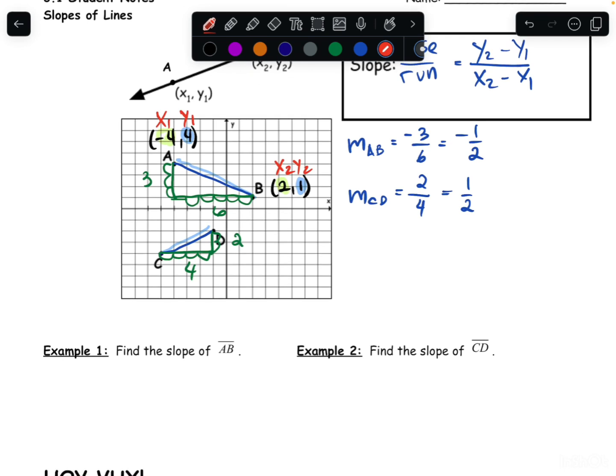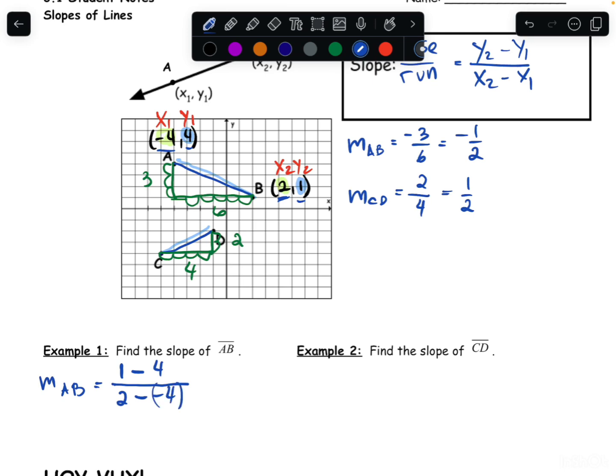So the slope of AB again is equal to, let's do the y's. Y2 is right here, so it's a 1, and I'm going to minus the 4 right here. Then I'm going to go back here to x2, and that's 2, and I'm going to minus right here a negative 4.